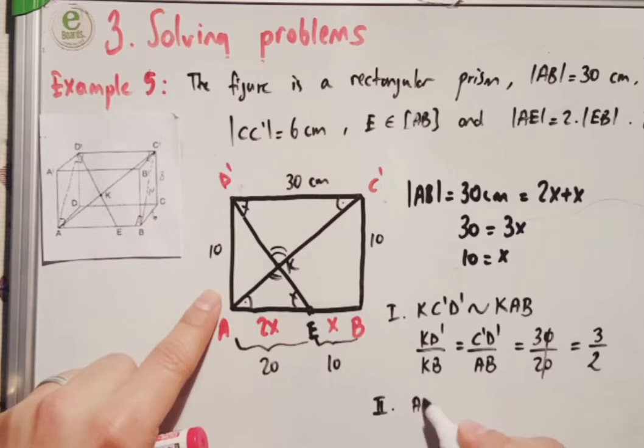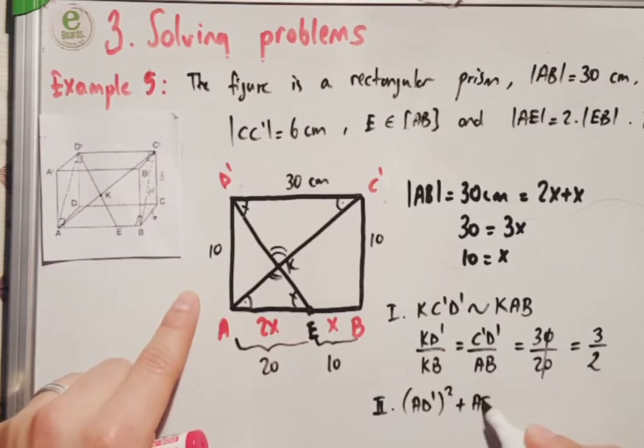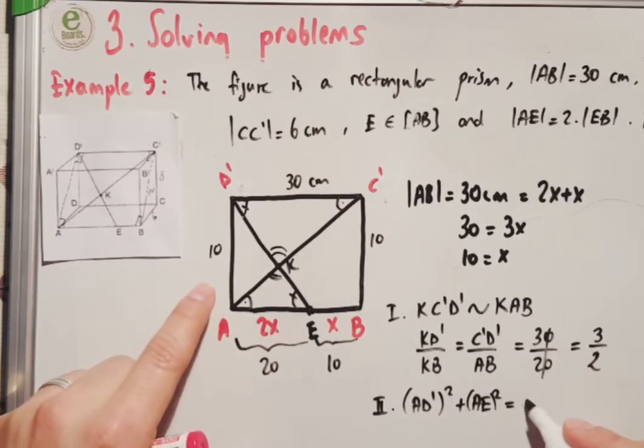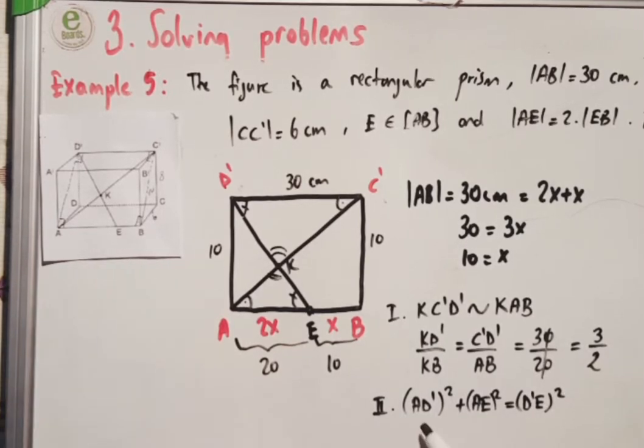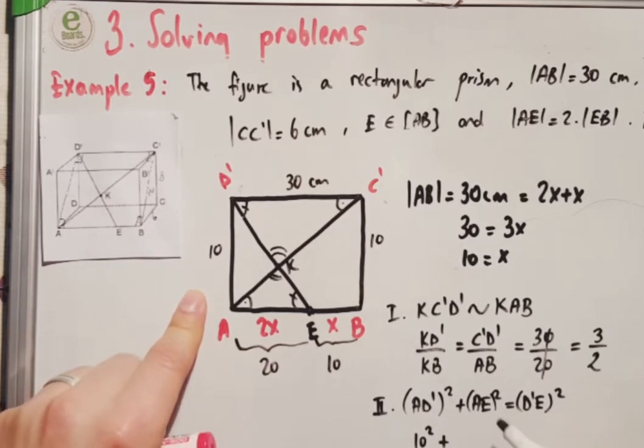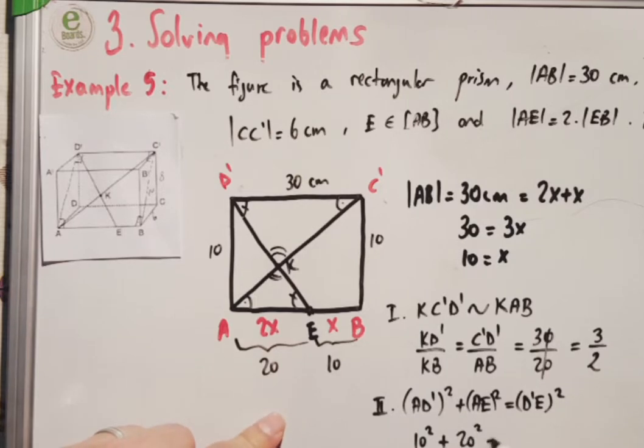AD1 squared plus AE squared is equal to D1E squared. AD1 is 10 centimeters, so it's 10 squared, and AE is 20 squared, equal to D1E squared. From here, let me write directly. For D1E, we will get 10√5.